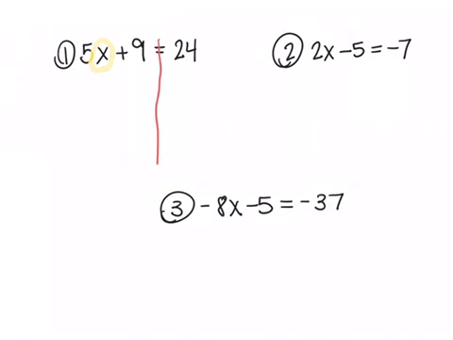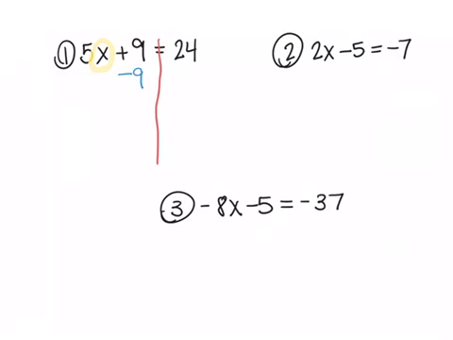So if I start at the bottom of PEMDAS, the two things that are the bottom level of PEMDAS are addition and subtraction. So that means that when I'm solving, I need to remove anything that's being added or subtracted first. So in this case, that would be the 9. So the opposite of adding 9 would be to subtract 9.